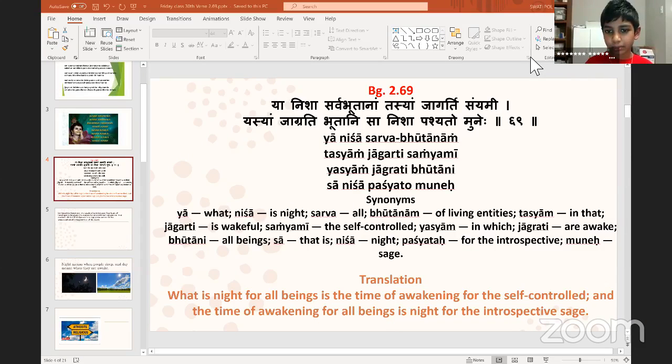Yanisha sarva bhutanam, tasyam jagrati samyami, yasyam jagrati bhutani sa nisha, pashyato munehe. Rishikesh.